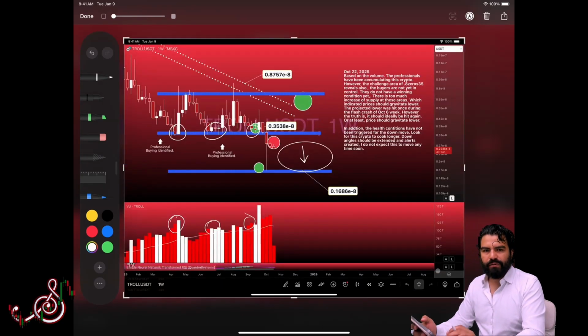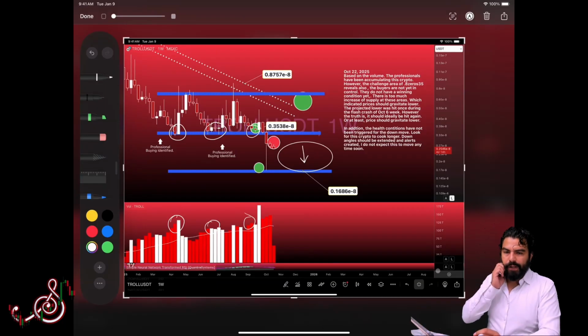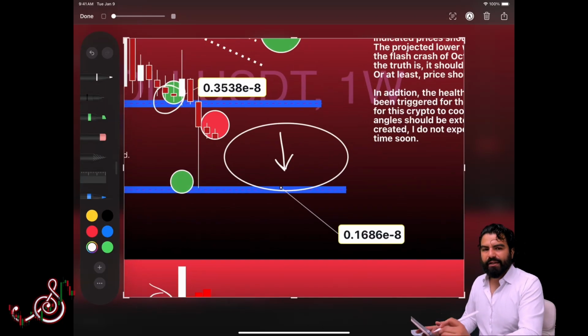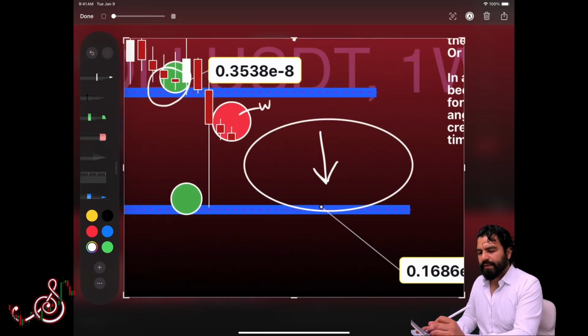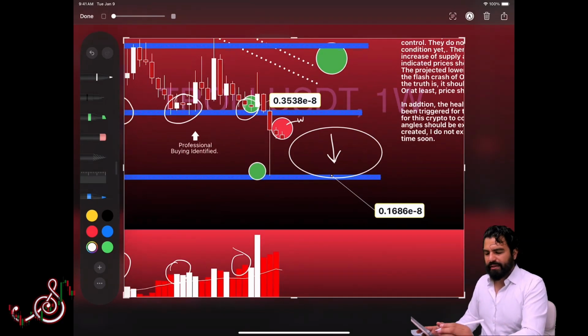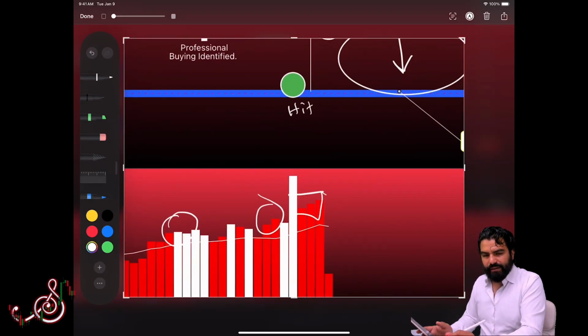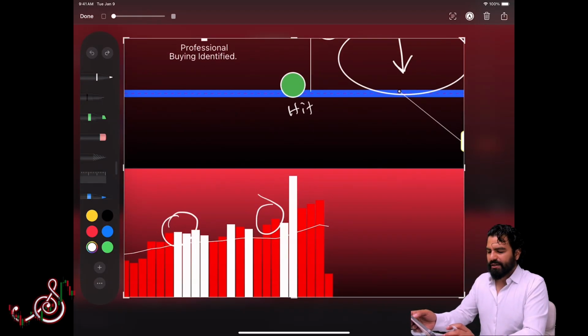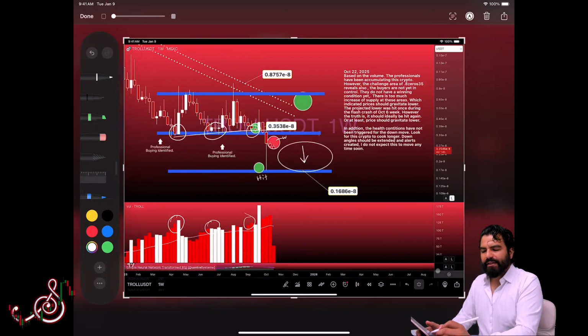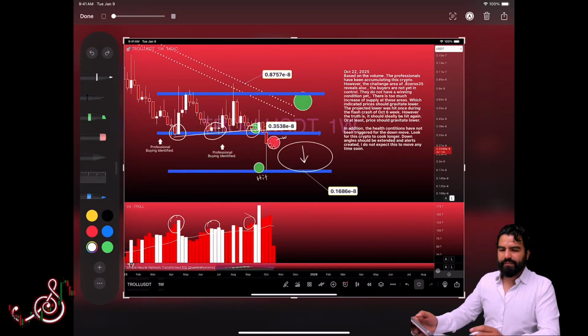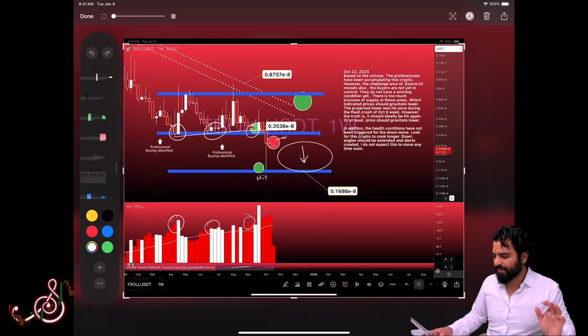Okay, this is where we need to be, in that circle area. So this is exactly correct. Weakness, okay, that was there is now there, and the health was hit. But just because it's hit, it doesn't mean they're done with it. See the volume? Still increasing at these areas, losing buyers. All right. Any questions before I move on?